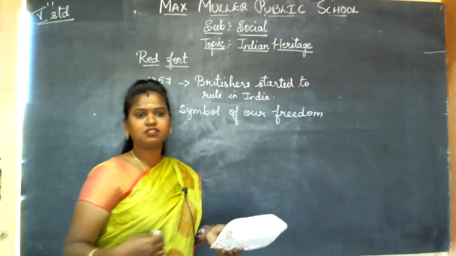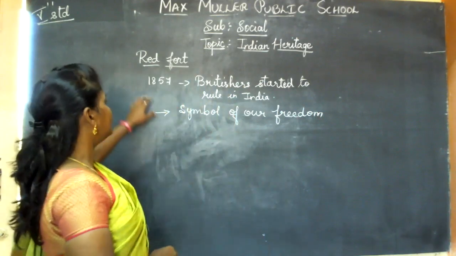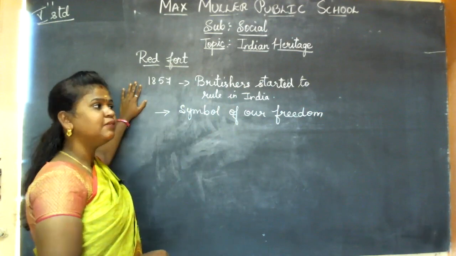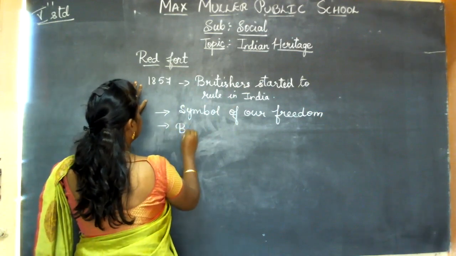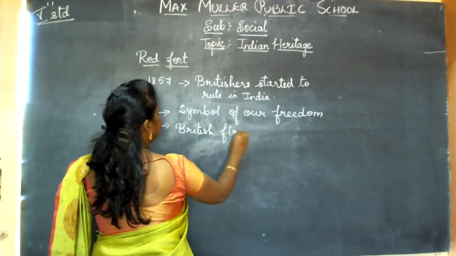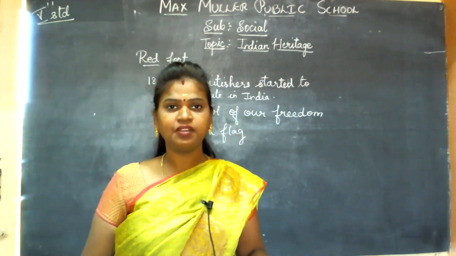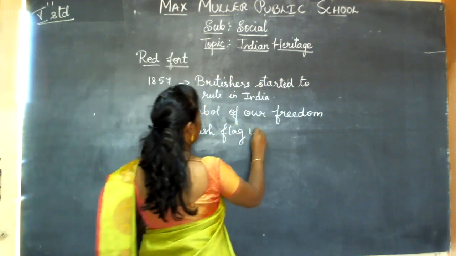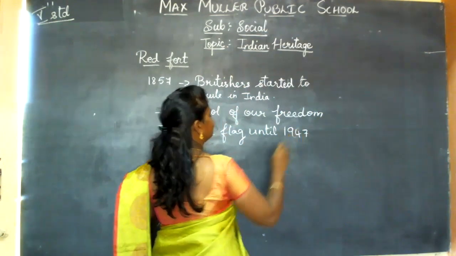Why is it called the symbol of our freedom? Because during 1857 the Britishers started to hoist the British flag on Red Fort, until 1947.